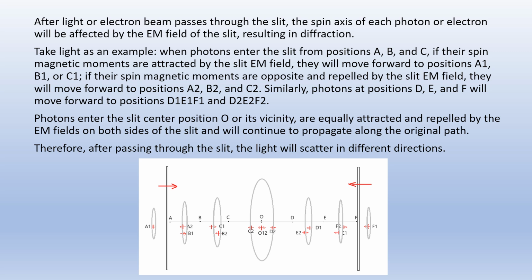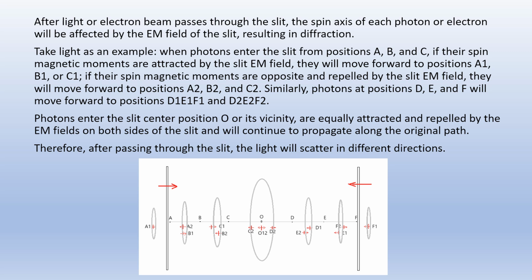If their spin magnetic moments are opposite and repelled by the slit EM field, they will move forward to positions A2, B2, and C2. Similarly, photons at positions D, E, and F will move forward to positions D1, E1, F1 and D2, E2, F2.